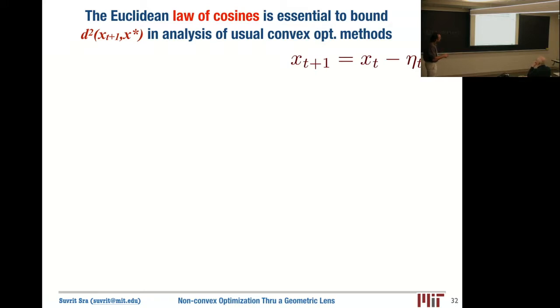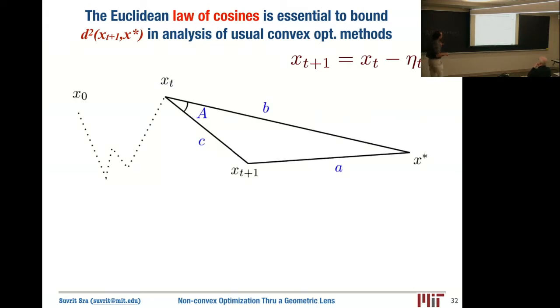Now in curved space, you don't have straight lines, you have these curved lines, but you have a similar triangle. But we don't have the usual law of cosines. There exists something in hyperbolic space called the hyperbolic law of cosines that looks like that. It's not quite of the same form, and it's not so usable because we want to relate A to B and C in terms of this angle and gradient.